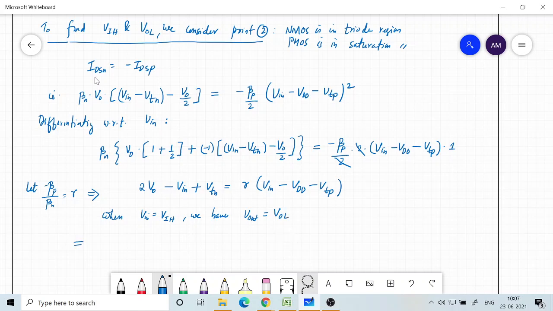So if you substitute that, we get 2 VOL minus VIH plus VTN is equal to R into Vin, which is VIH, minus VDD minus VTP.